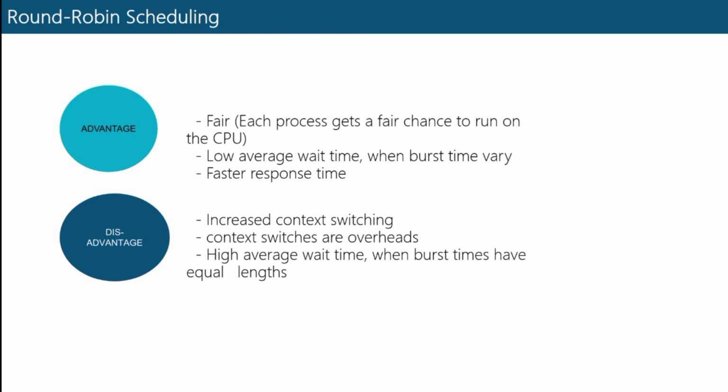It can provide multiple switching during the process, and it can be considered overhead, since context switches are overheads. Also, there is a high average wait time when burst times have equal length.